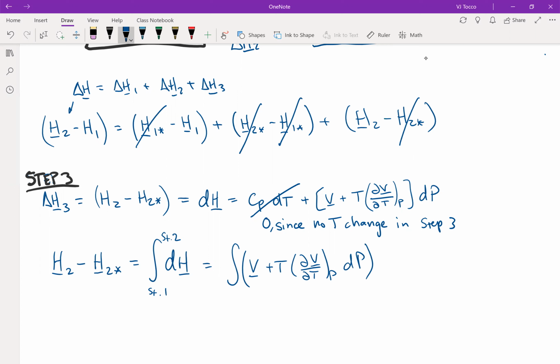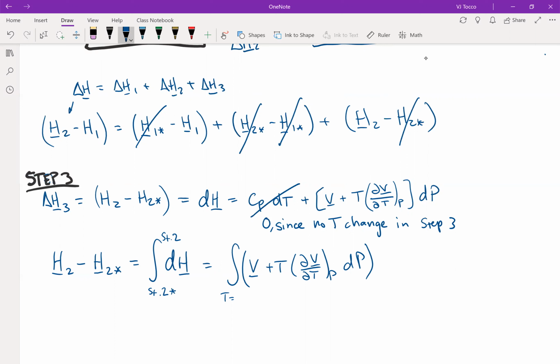And for the conditions, we need to carefully specify our temperature and our pressure here. So this is going from state 2 star to state 2 as our limits of integration. No, I have it backwards. State 2 to state 2 star. Wait, no, I did have it right.